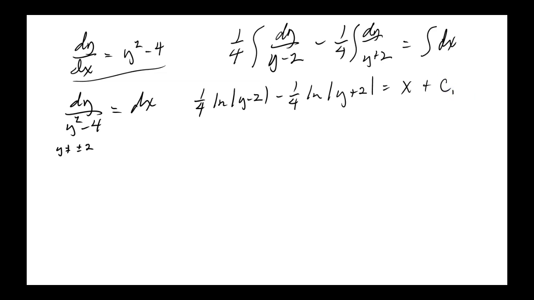Now, I just wanted to point out something else you've lost as soon as you did that. When you got logs, we put absolute values around, and I guess that takes care of it, but you see, the argument of a log can never be negative.